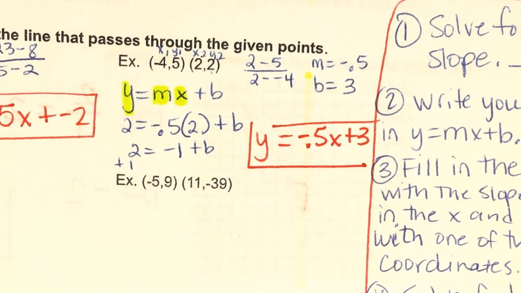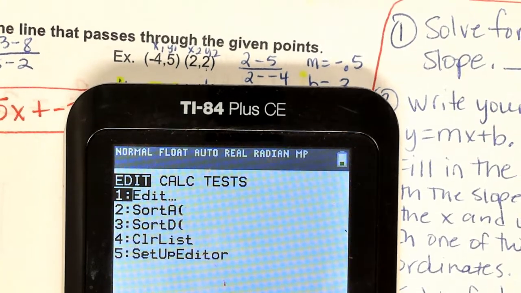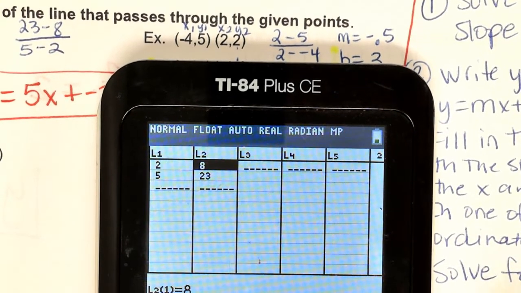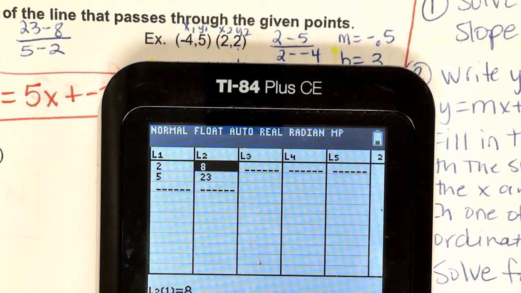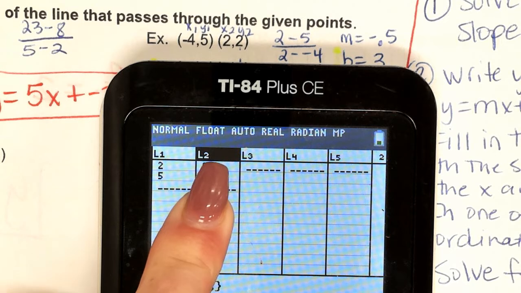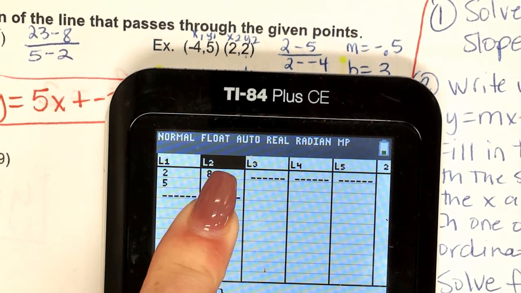Now before y'all do it, I got to teach you how to clear out your stat. So everybody go to stat. Hit, what am I going to hit? 1. Edit. Now, please everybody look at the screen. If you are up here in list 2 and you hit delete, your whole list will disappear. That's bad. You can't do it like that.